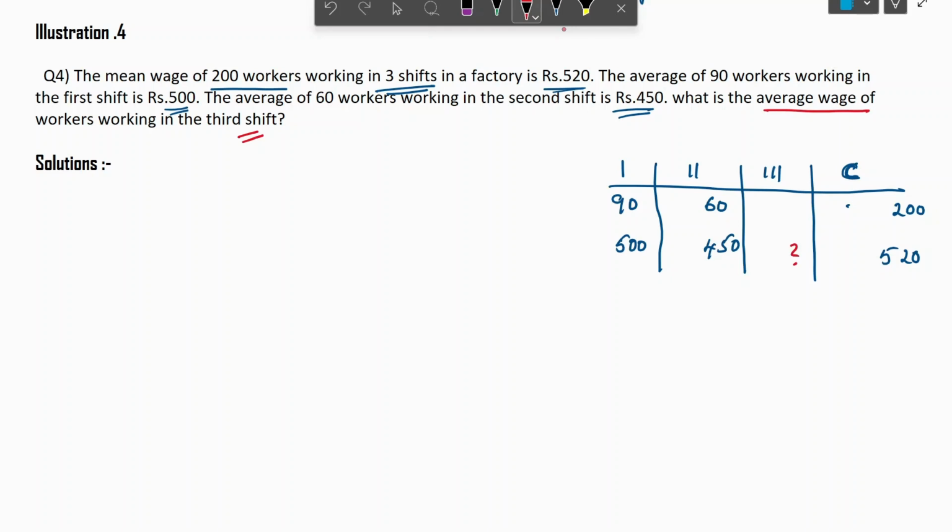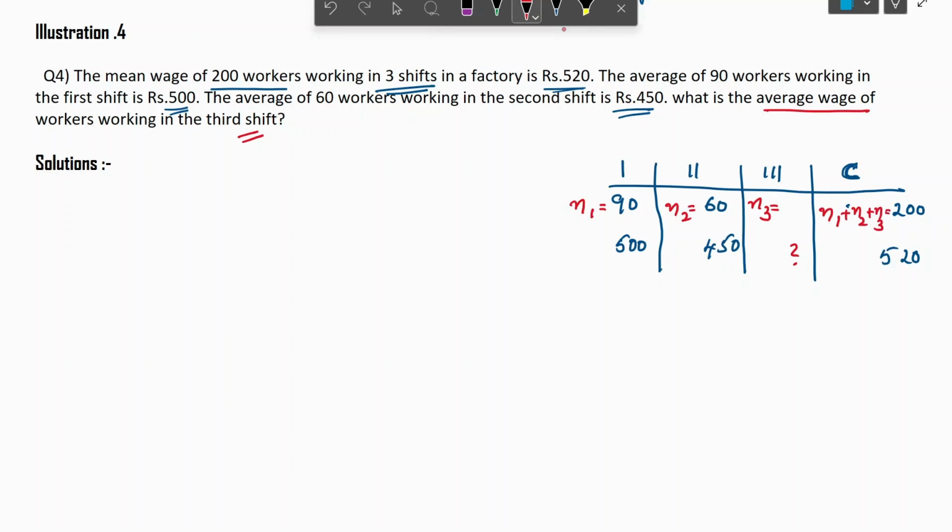Now see here, what is 90? We can consider it as N1, and this is N2. And what is 200? 200 is the number of workers in all 3 shifts. Suppose N1 is first shift workers, N2 is second shift, and third shift is N3. N3 is not given directly, but you can find it out, right? Because N1 plus N2 plus N3 is given.